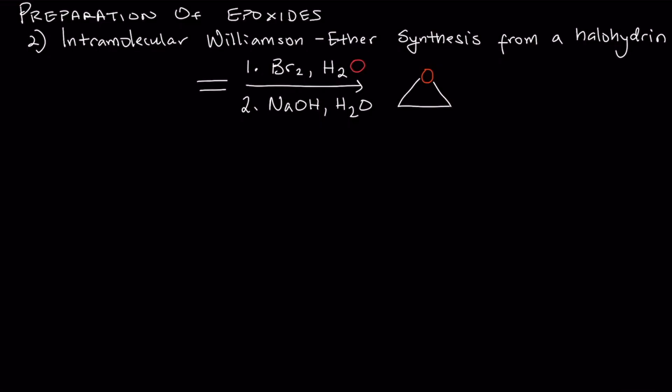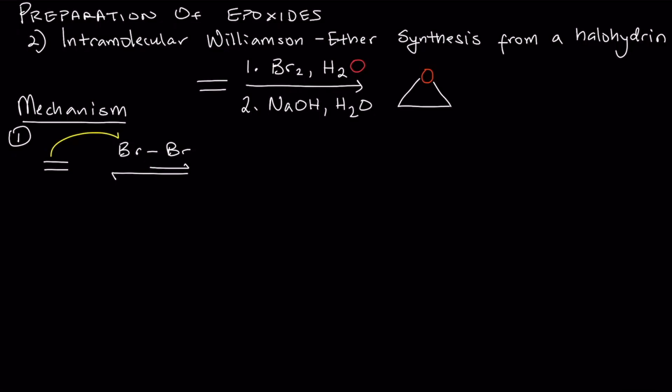And so in summary, you take your alkene in your step one, treat it with Br2 in water, and in your step two, you treat it with a base. And typically you can just treat it with sodium hydroxide in water, and this would end up forming your epoxide. As a refresher, the mechanism of this reaction starts with your alkene with Br2, and you have a nucleophilic attack of the alkene on the bromine, loss of a leaving group, and then a nucleophilic attack from the bromine you just attacked back to one of the alkene carbons.